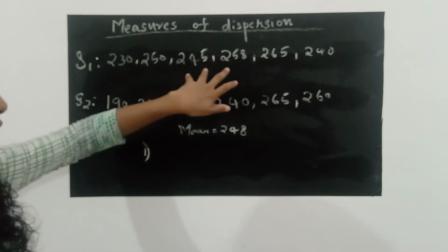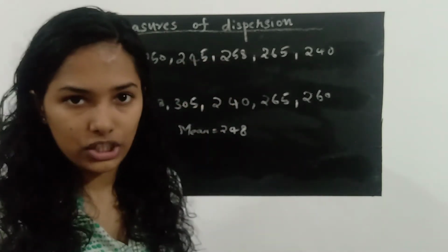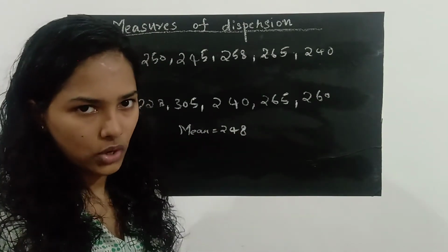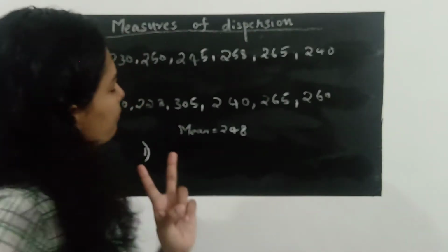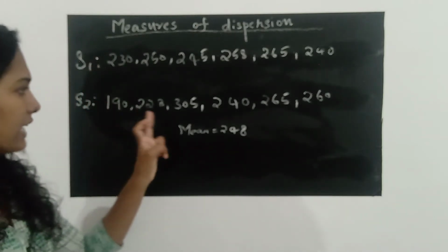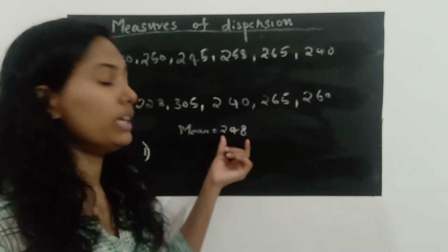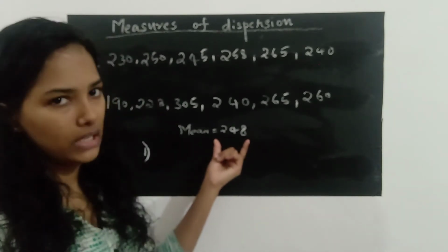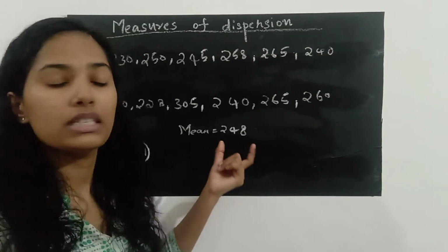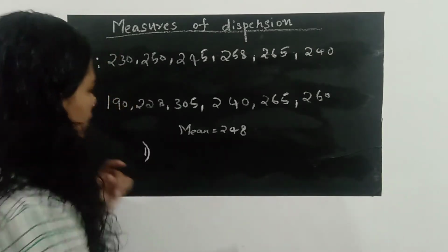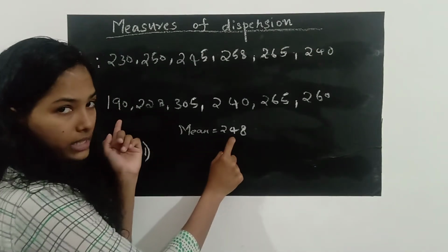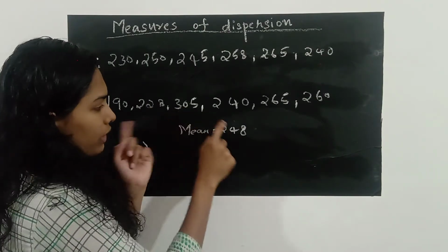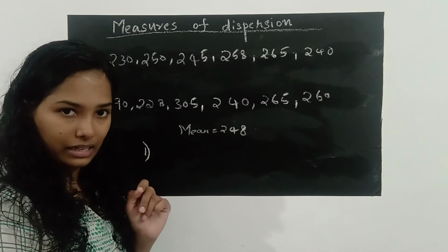Between 245 and 258, like that. The variability among the items. The second meaning is how each item is variable from the mean value. We'll calculate the average first, then check how each item varies from the mean: 190 minus 248, 228 minus 248, 305 minus 248, like that.